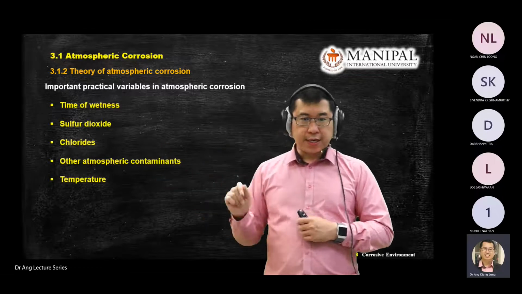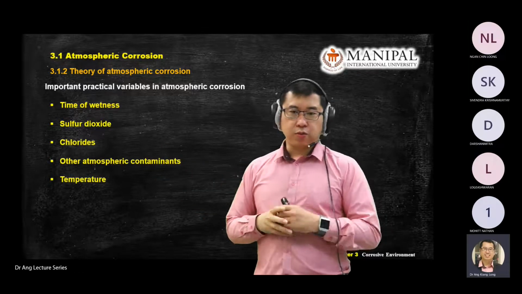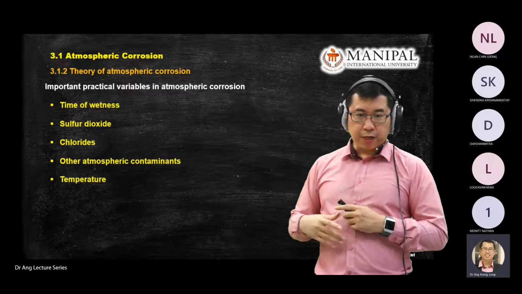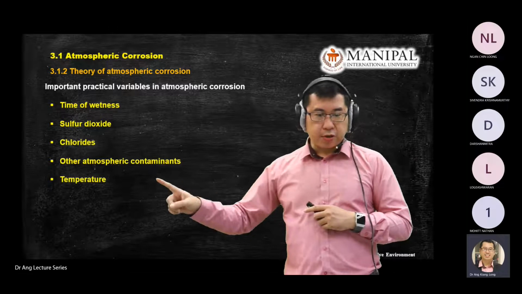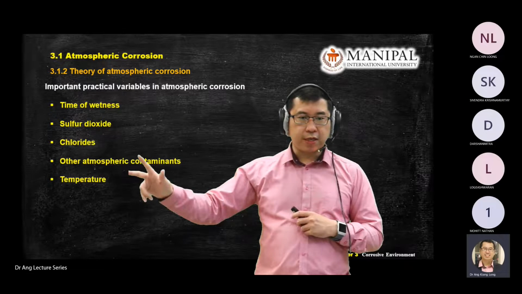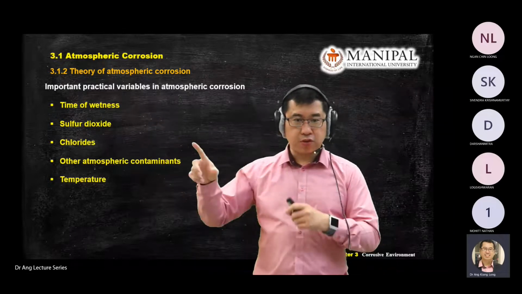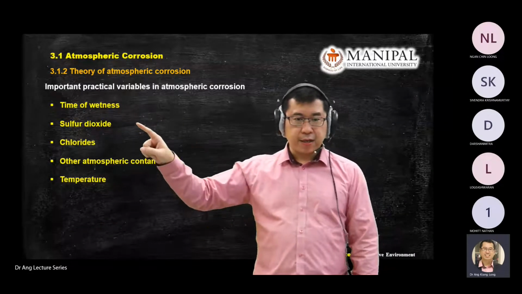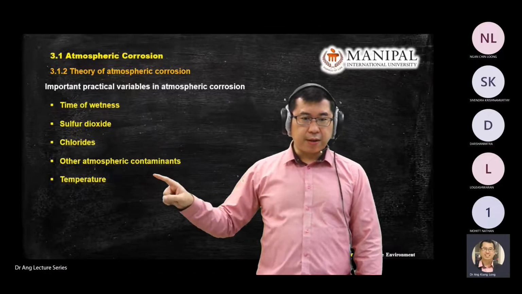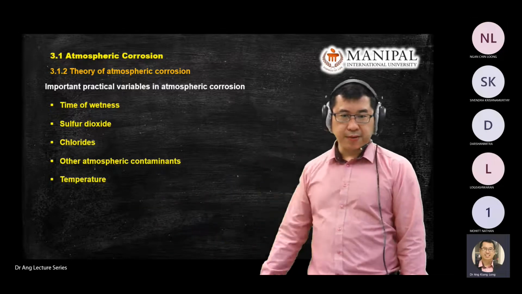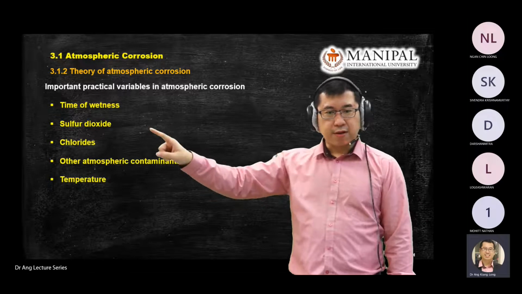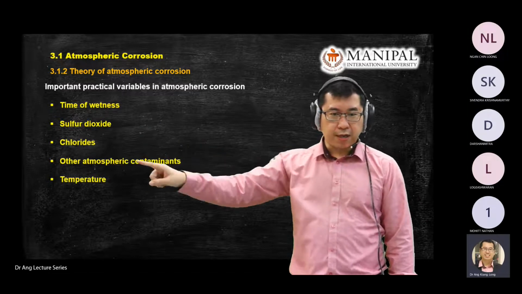Then sulfur oxide is also another agent to control the rate of atmospheric corrosion, along with chlorides, contaminants, and temperature. So basically, you can group these into time of exposure, then the agent. The agents will be sulfur, chlorides, and contaminants. Another one is the temperature, right? Time, contaminants, and temperature.